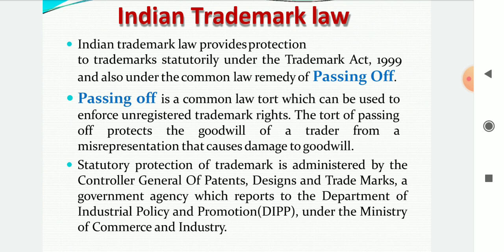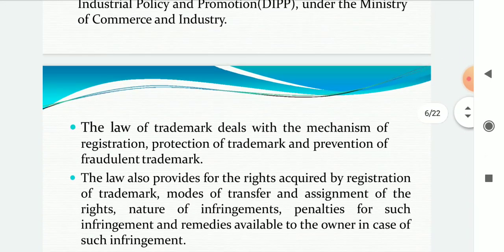The statutory protection of the trademark is administered by the Controller General of Patents, Designs and Trademarks, a government agency which reports to the Department of Industrial Policy and Promotion under the Ministry of Commerce and Industry.